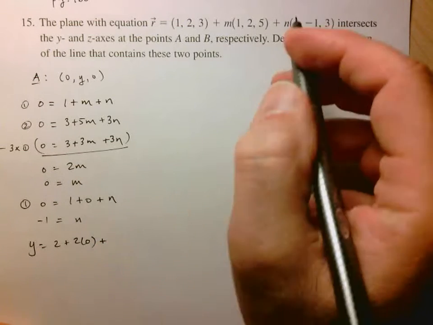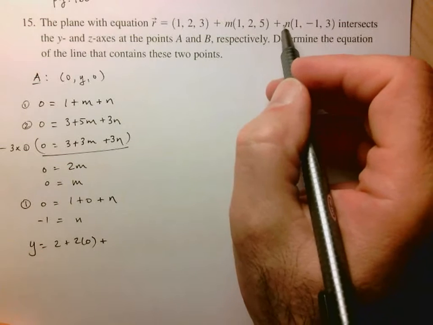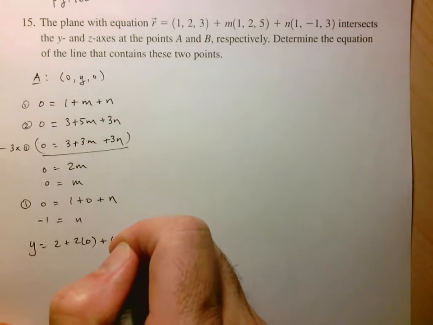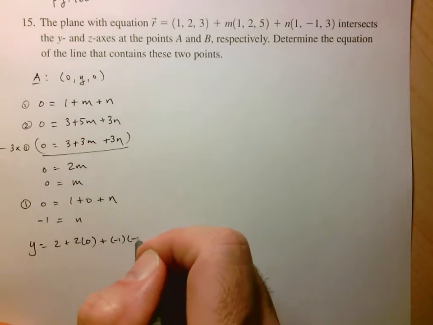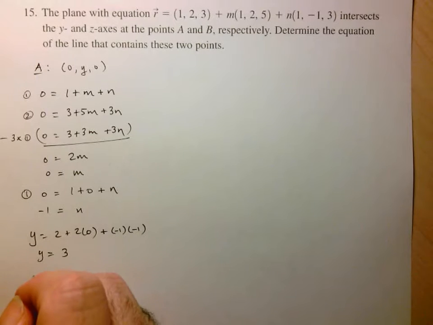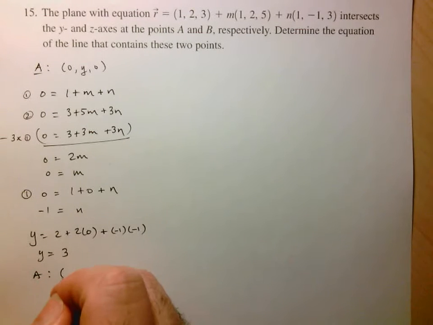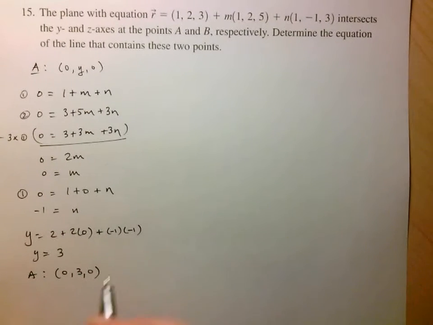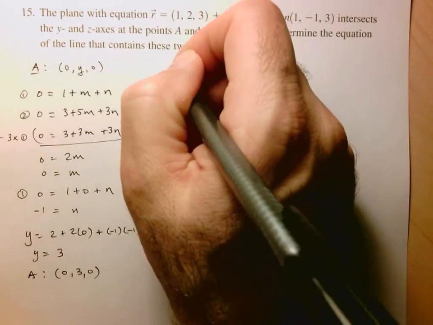Plus negative 1 times n, and n was also negative 1. So 2 plus 1 is 3. So y is equal to 3. So our point A then is going to be the point 0, 3, 0. That's the y-intercept. Now we got to do the same thing for B.